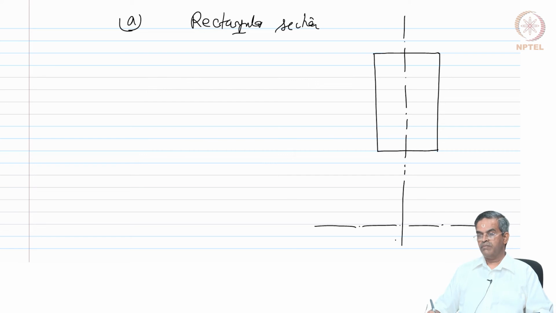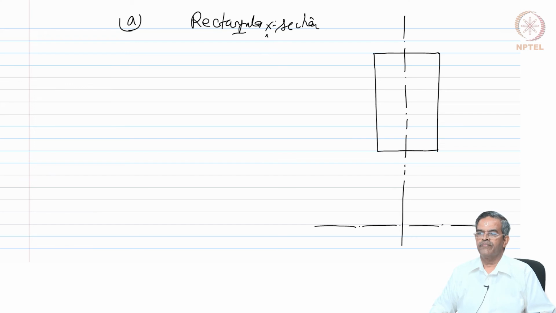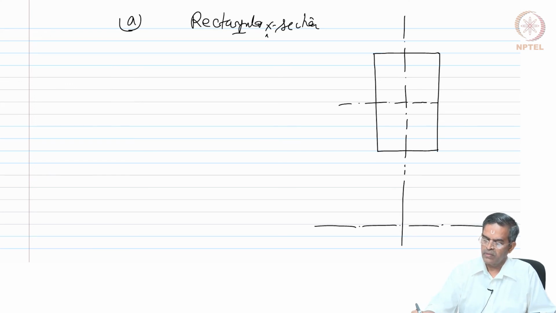Remember, the beam is a curved beam, the cross section is rectangular. Okay, please don't get confused. I should say rectangular cross section. So it has got the centroidal axis.